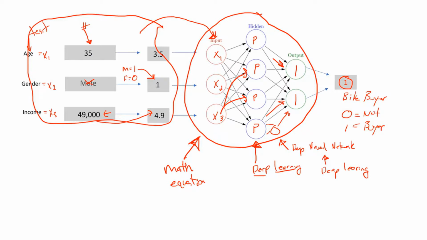Is that person going to buy a bike? Is it not? And then we get a final output. So many would say that deep learning can be defined as the presence of two or more hidden layers. And that's what these things are up here. These are hidden layers. All right?